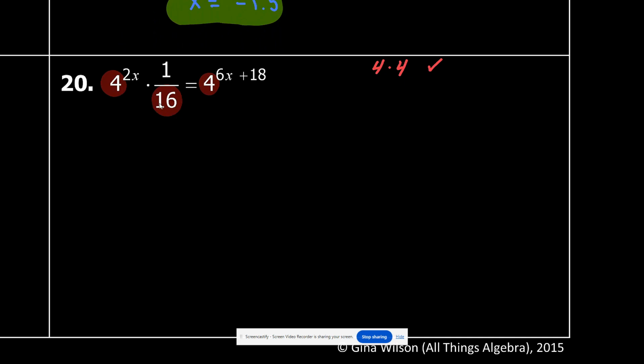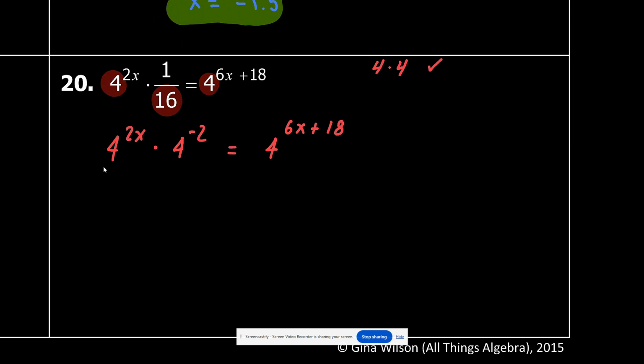So sure enough, we can get all of these to base 4. But don't forget, 4 times 4, 4 squared gives me 16. But what gives me 1 over 16? That is 4 to the negative second power. Now, on the right side, we already got 4 to the 6x plus 18. So, that right side, it's good.